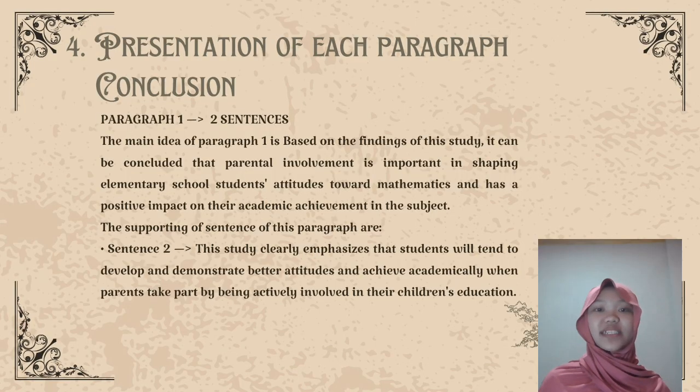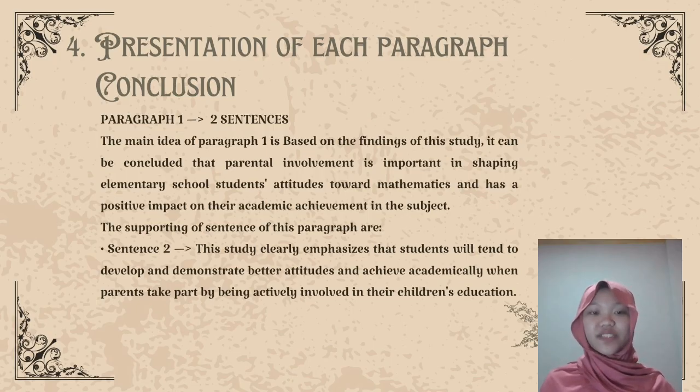4. Presentation of each paragraph in the conclusion. Paragraph 1 of the conclusion has 2 sentences. The main idea of paragraph 1 is based on the findings of the studies: it can be concluded that parental involvement is important in shaping elementary school students' attitude toward mathematics and has a positive impact on their academic achievement in the subject.